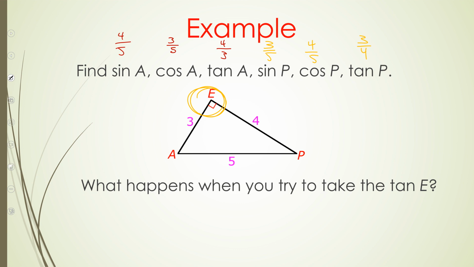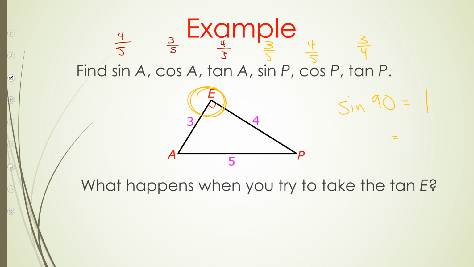Let's try the sine of 90. 1. How about the cosine of 90? Why would the sine of 90 degrees be equal to 1? Liam? Because the opposite side is the hypotenuse.